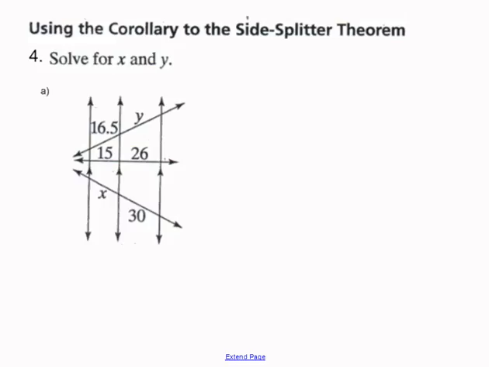So now using the corollary for the side splitter theorem is very similar. In order to figure out x, I'm going to use this part of the drawing. So I'm going to say x over 30 equals 15 and 26.